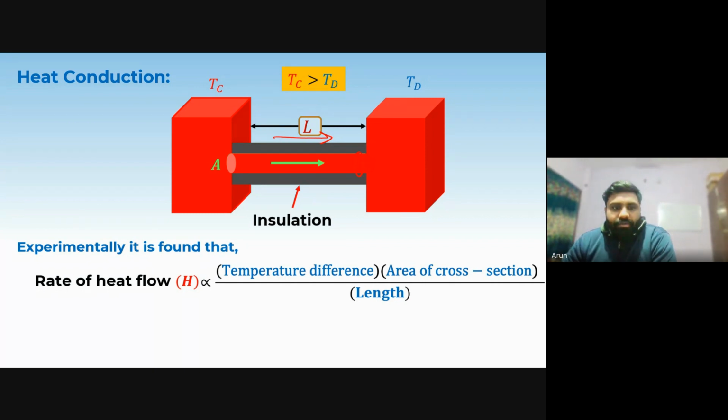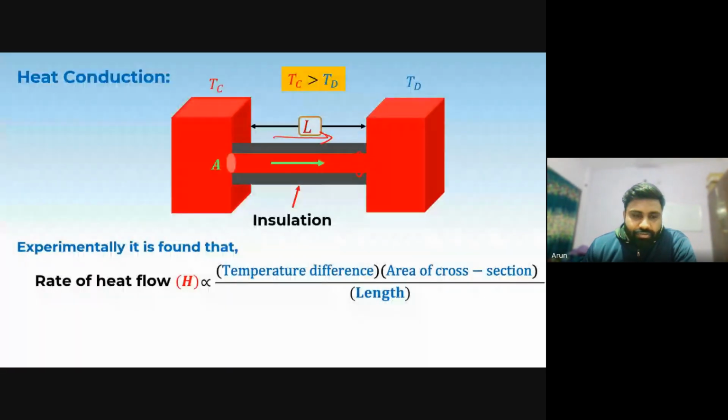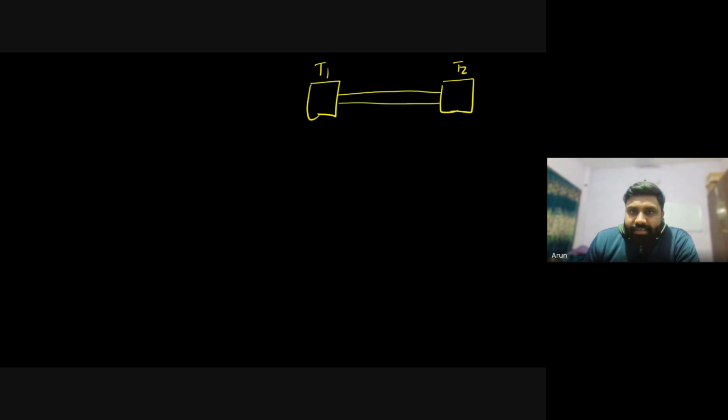Now I will tell you in a different way. Look, the screen is visible to you, the black screen. Here, let's say we have these blocks, where the temperature is T1 and the temperature is T2, and this is the metallic rod connected to it.